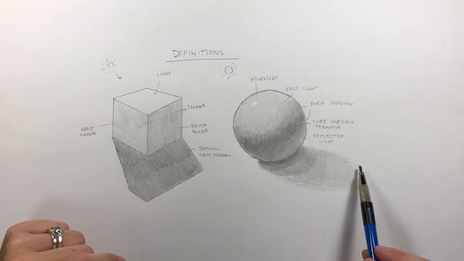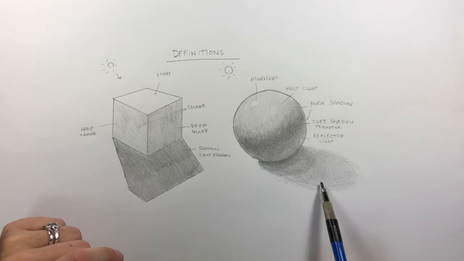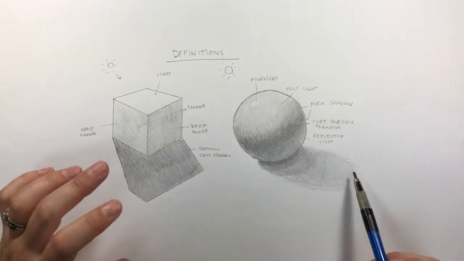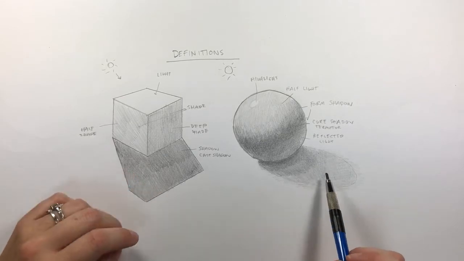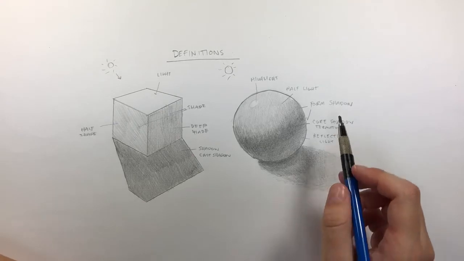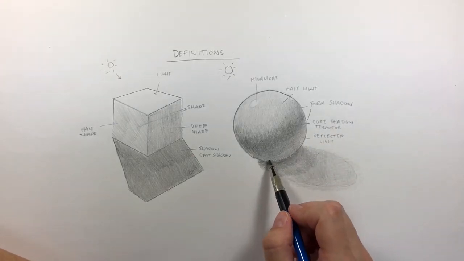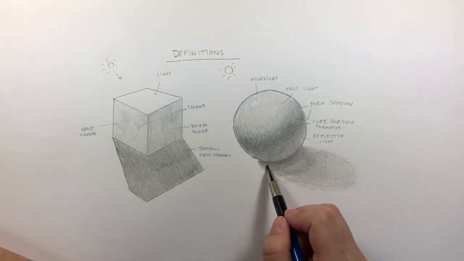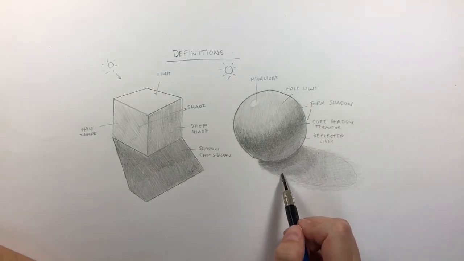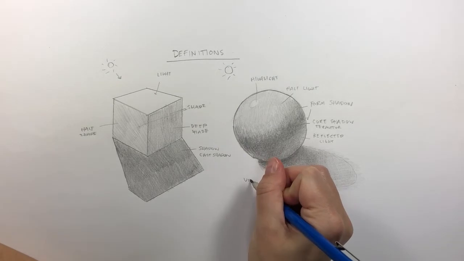Okay, let's move on to the actual shadow that we have going on here. Just like our object, it's important to know that there are different sections and different values happening within this. So the big main parts, there's this one here, which is called our umbra.